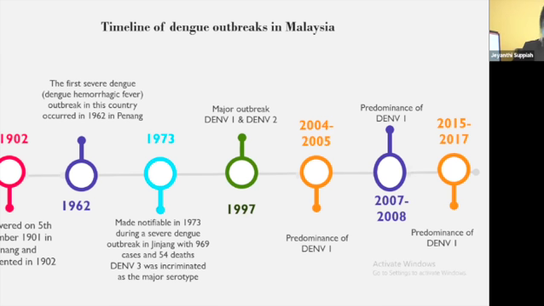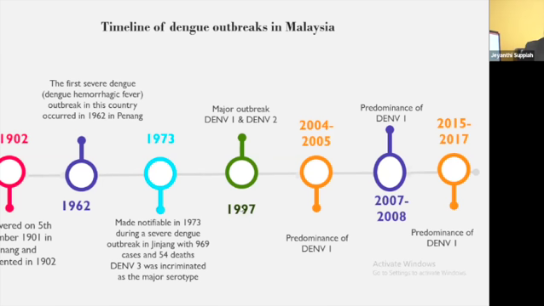After that, we had the first severe dengue outbreak in the country, which occurred in 1962, also in Penang. Only in 1973 did MOH make dengue a notifiable disease, following the outbreak in Xinjiang, which killed about 54 people, and dengue 3 was incriminated as the major serotype during that outbreak.